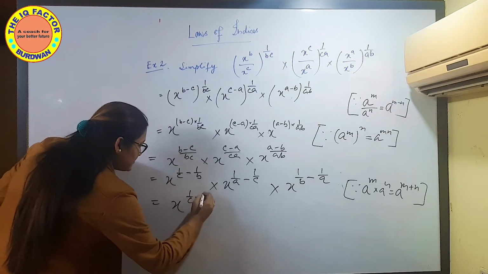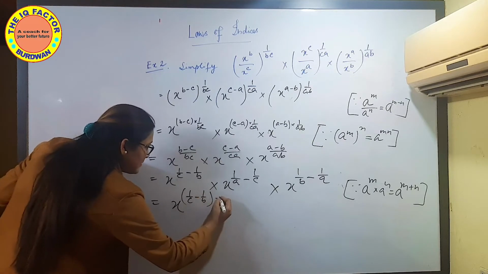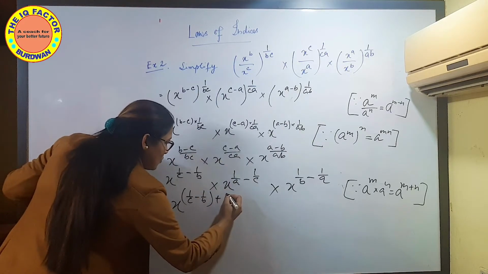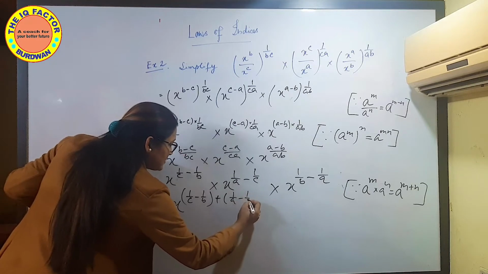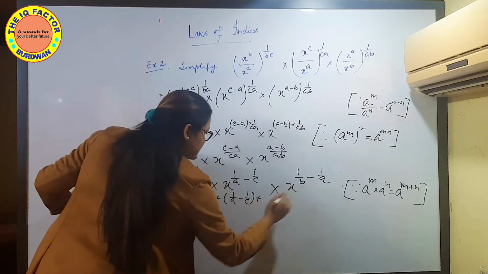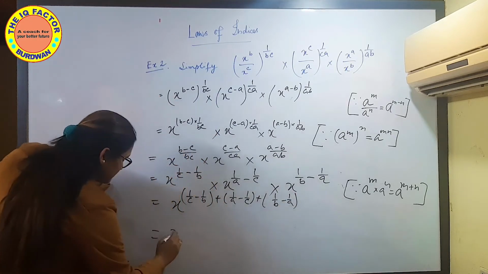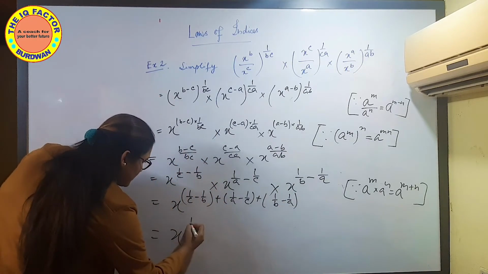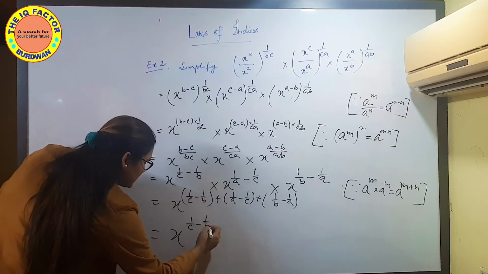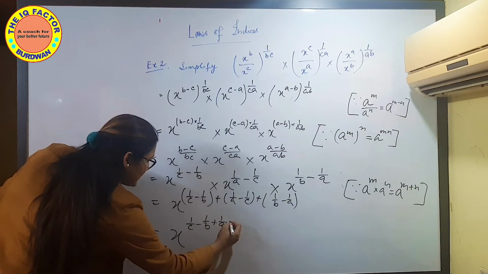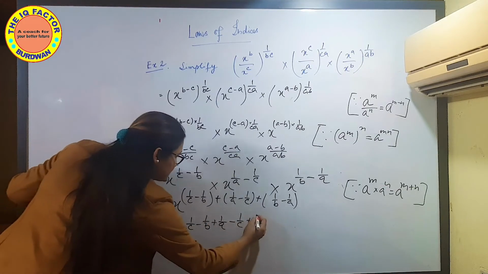1 by c minus 1 by b plus 1 by a minus 1 by c plus 1 by b minus 1 by a. So x to the power 1 by c minus 1 by b plus 1 by a minus 1 by c.